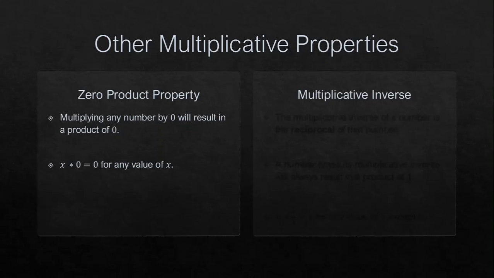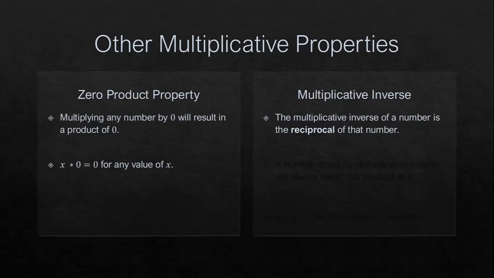And then over on the right, we've got the multiplicative inverse. That says that the multiplicative inverse is the reciprocal of a number. So we're dealing with fractions here. Say you have a fraction 1 over 2, and you flip it upside down, that would be the reciprocal, 2 over 1. We could do the same thing with a whole number.